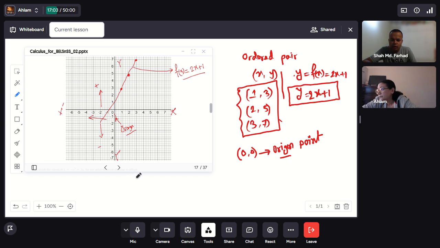But nowadays it is very easy for us to draw the graph of any function. You can go to Desmos or GeoGebra and just put the function over there, then they will show you the graph. Do you have access to use Desmos or GeoGebra?